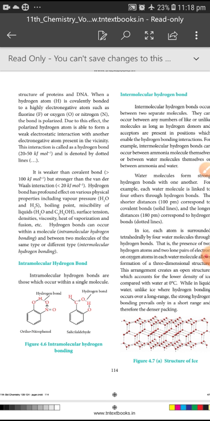So one molecule is the donor, another one is the acceptor. For example, intermolecular hydrogen bond can occur between ammonia molecules themselves, or between water molecules themselves, or between ammonia and water molecules.